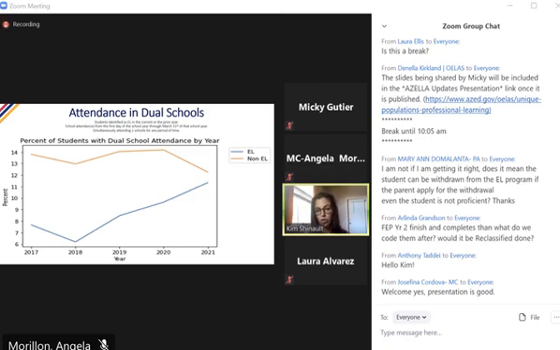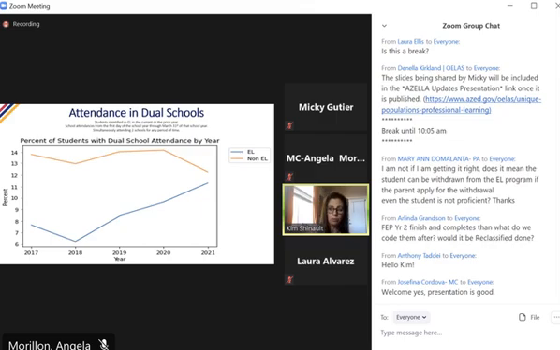If we look at the orange line for the non-EL students and we look at 2020 to 2021, there's a little bit of a decrease in the percent of non-EL students who are dually enrolled. But if we look at the EL students in the blue line, we can see that the percent of EL students who are attending two schools at the same time is increasing, and it has been since about 2018.